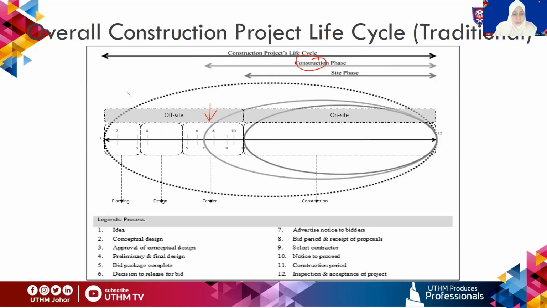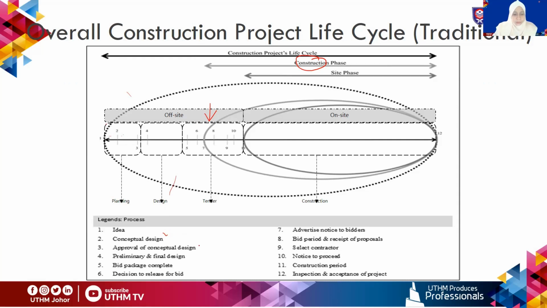Traditional procurement, okay, right. Dia akan start dengan client initiate the idea what to build, okay, and then client akan express the idea to the architect. Then architect will come up with the conceptual design.